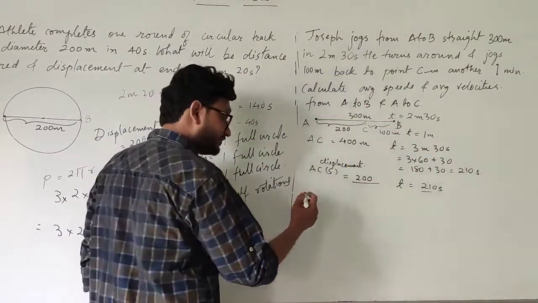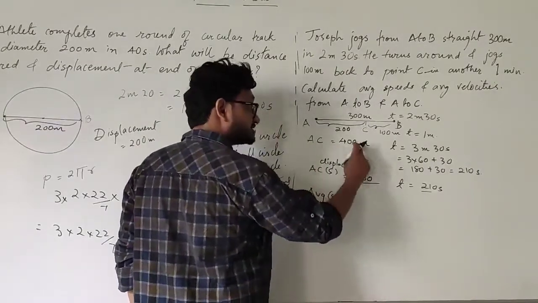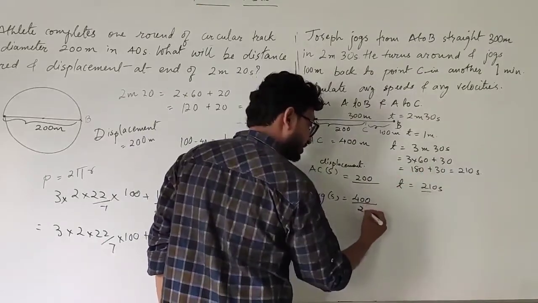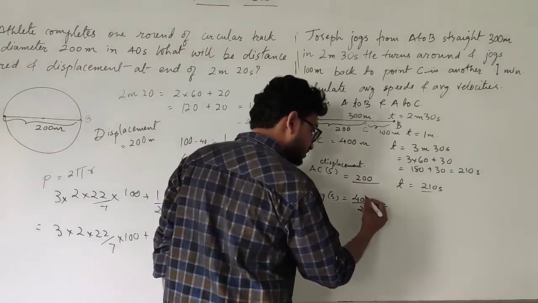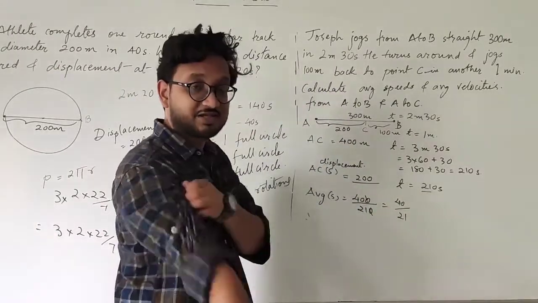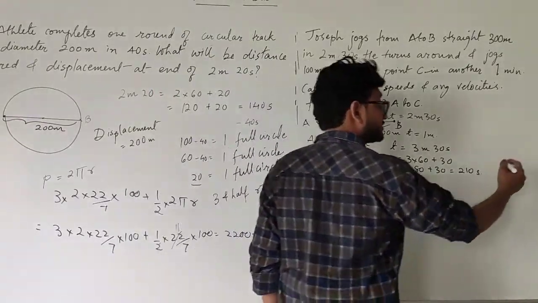Now we need to find average speed and average velocity. So average speed is total distance, that is 400, divided by 210 seconds. Cancelling these zeros, you have 40 upon 21.